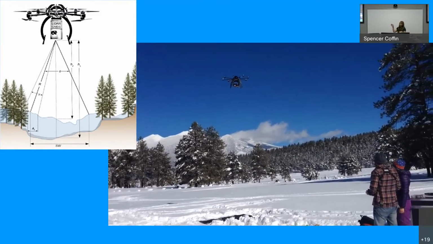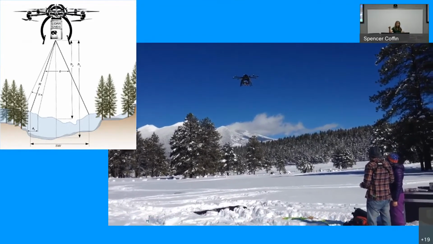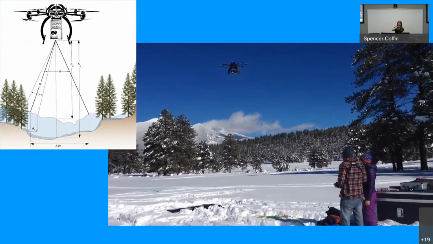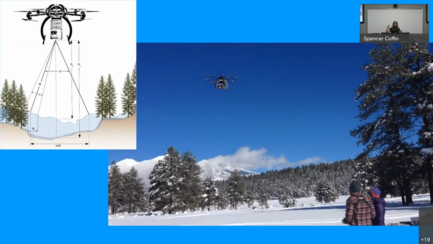So here, a student and I are flying the octocopter UAV to measure the ground surface when we have a bunch of snow. And then if you were to image the same area again when there's no snow, then of course you can difference the two digital elevation models to estimate snow depth and how it varies across the area.